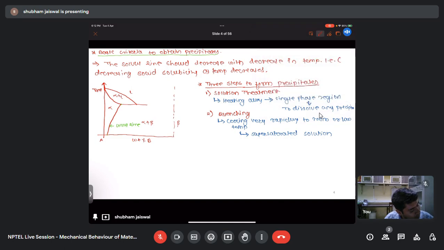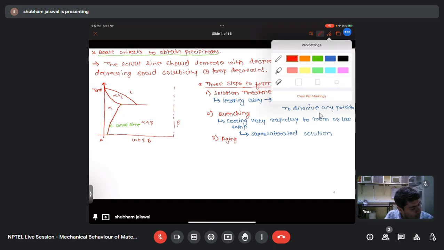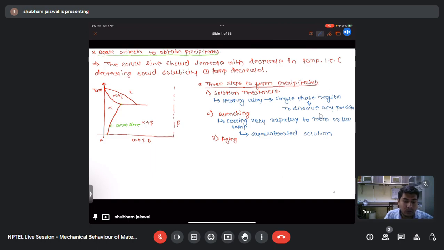And the third step is aging. In aging, after quenching, we heat it to a certain temperature and hold it at that temperature so that the precipitates can form inside the material.